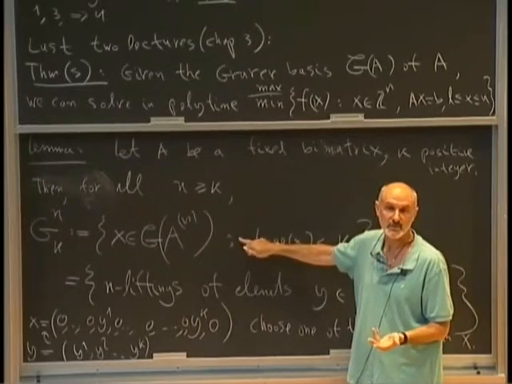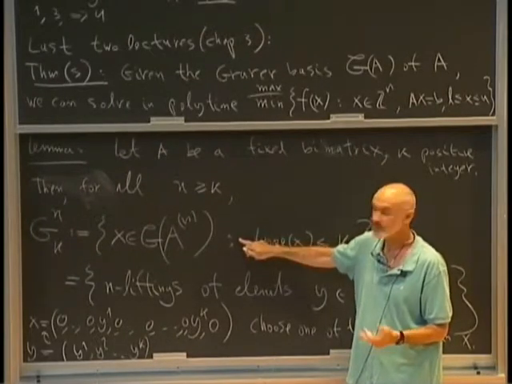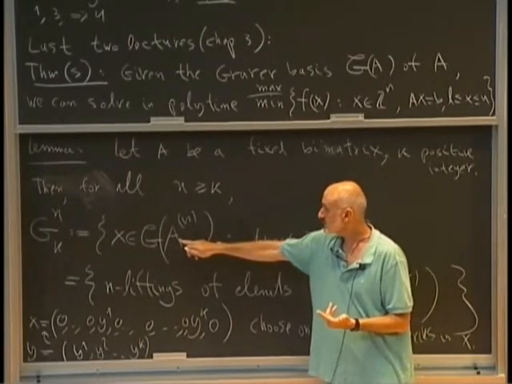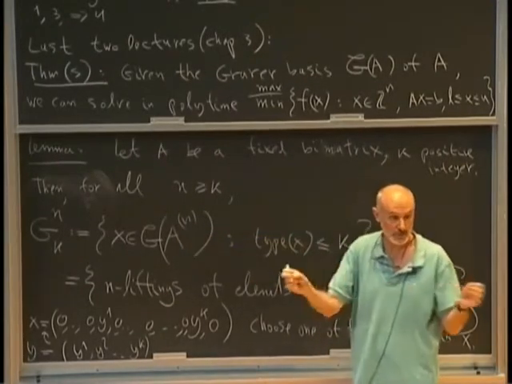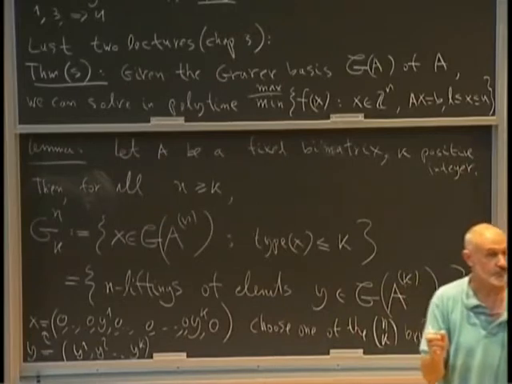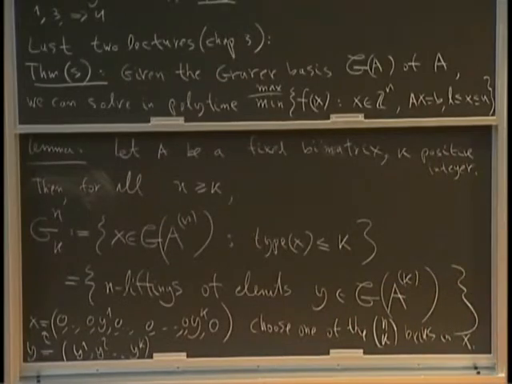And it has type less than or equal to k. Consider any vector x in the Gradual Basis of the n-fold product, which has type at most k. So I look at these k bricks, the non-zero ones, and I now look at a smaller vector, just take them down as they are, I get a k brick vector.